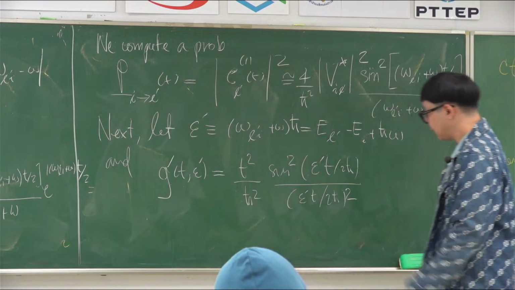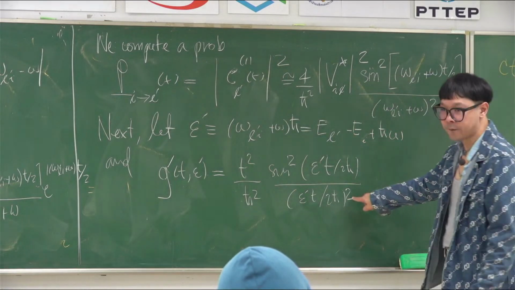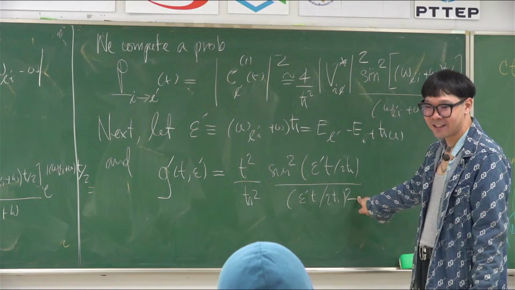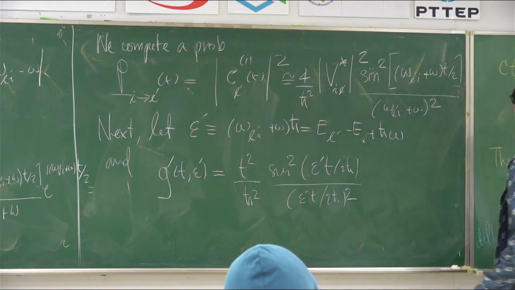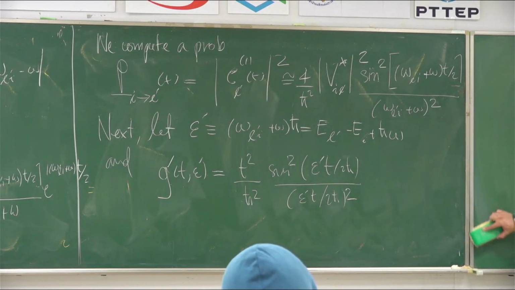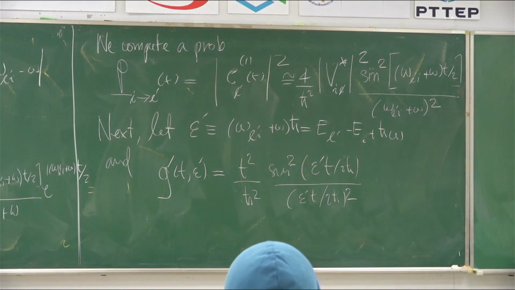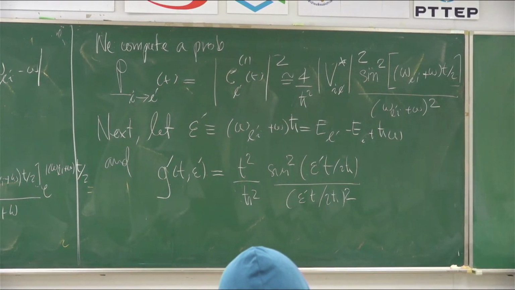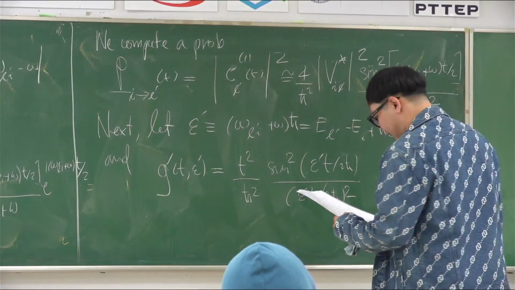All right, which is okay. The behavior of this function is exactly the same, right? Then you know that at t very large, you will get more or less the delta function of it, right? That is the thing.